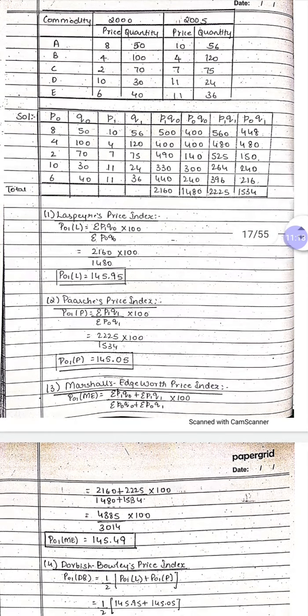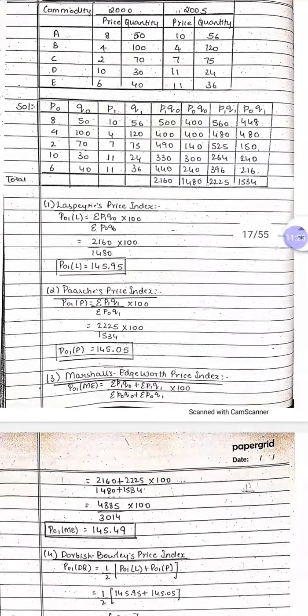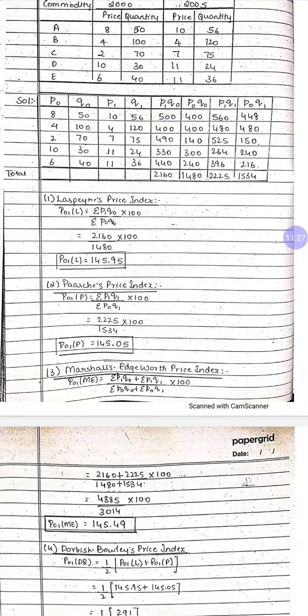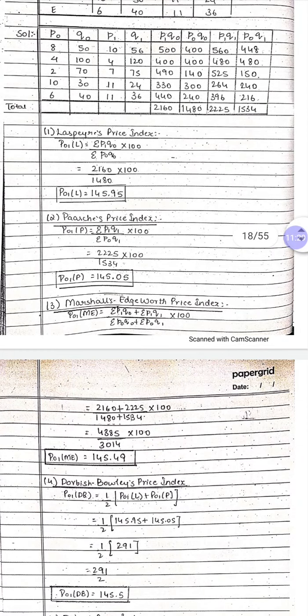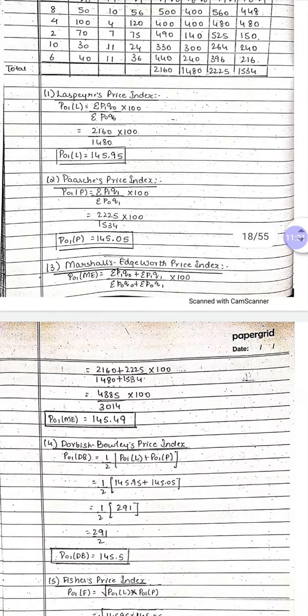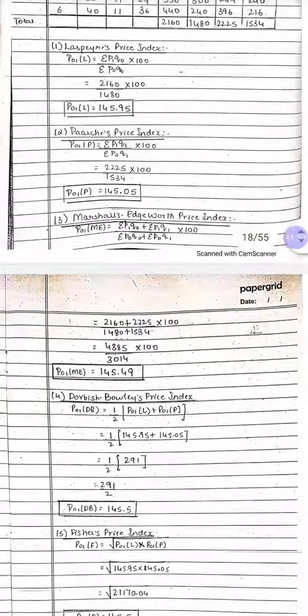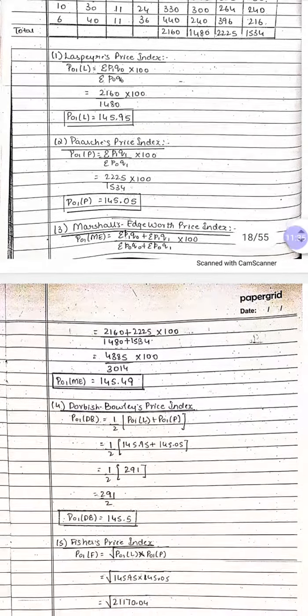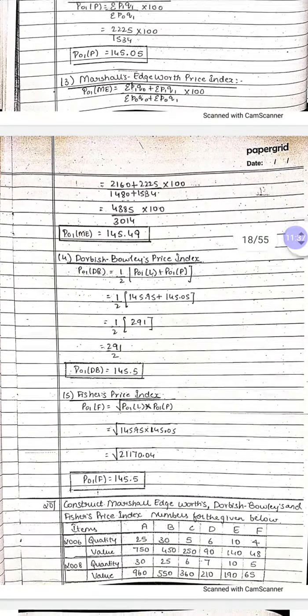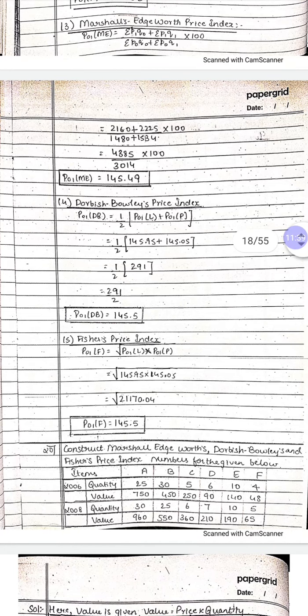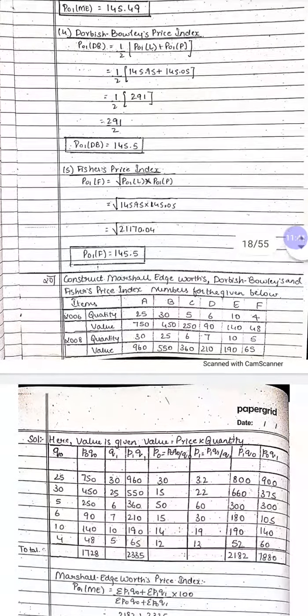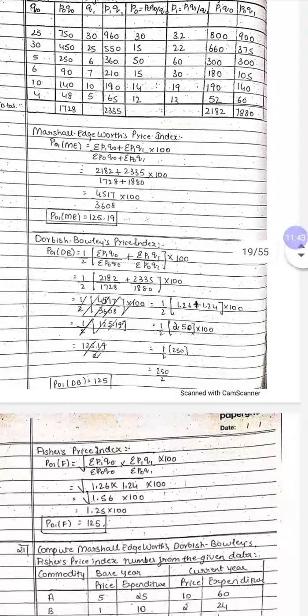So I'll get here 2225 divided by 1534 into 100, I'll get 145.05. Then both put together I'll get 145. See here, all these are in 145, decimals have been changed, okay. So you people need to practice this chapter very much.